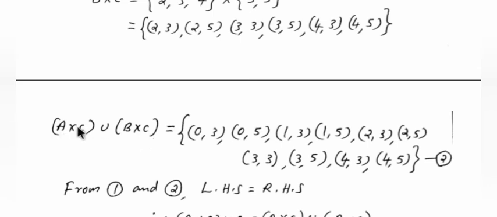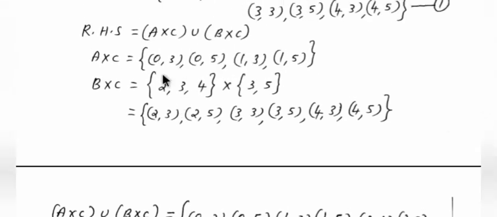Here union means we know that just join the elements of first set and the second set. Here first set is A cross C, second set is B cross C. Just joining these elements, this is the first set, this is second set. Join these elements.